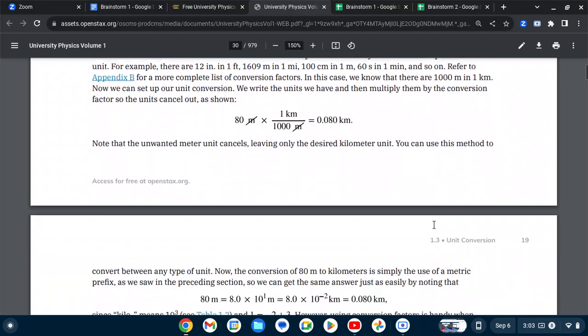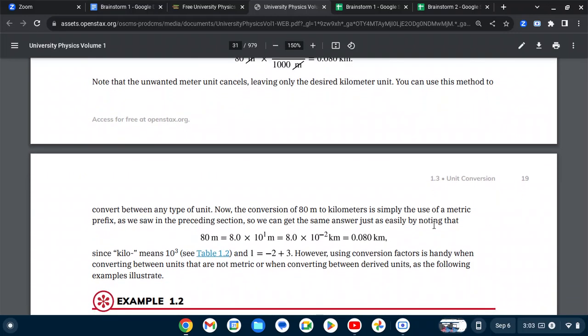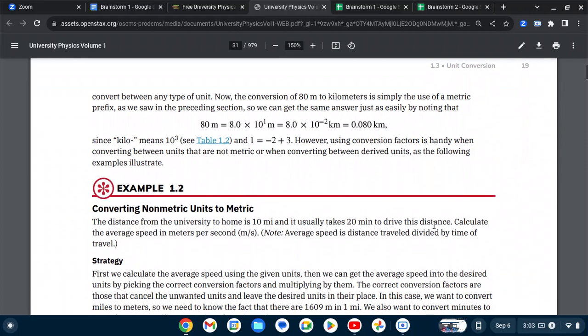Note that the unwanted meter units cancel out, leaving only the desired kilometer unit. You can use this method to convert between any type of unit.